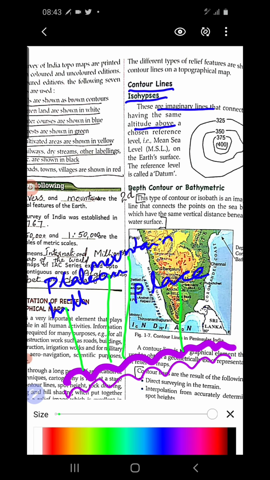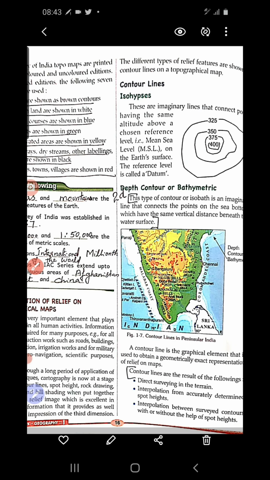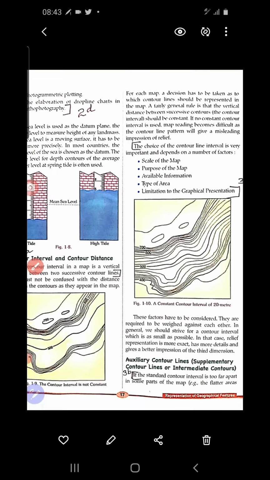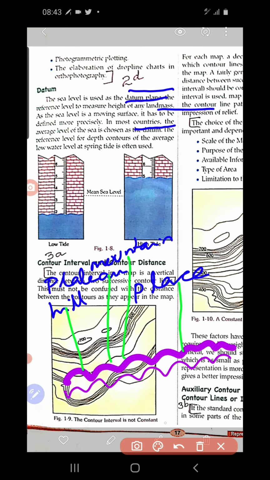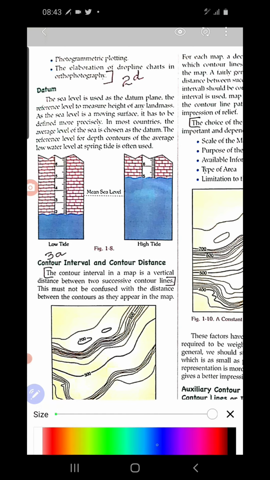Mean sea level is shown here. Sometimes there is a fluctuation in the sea level. During low tide the sea level water goes down, and during high tide the sea level water comes up.